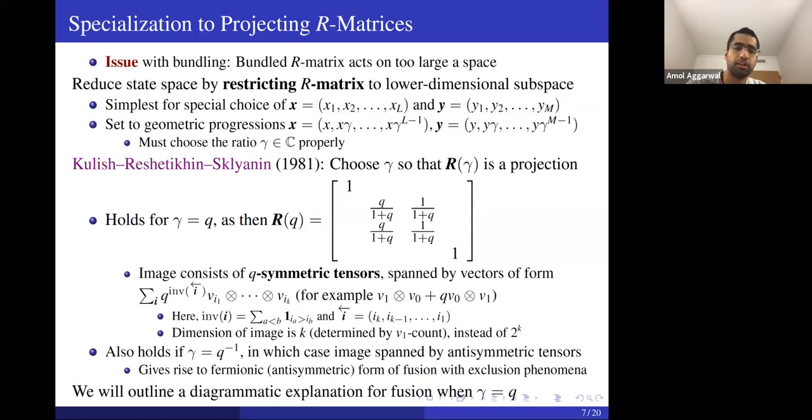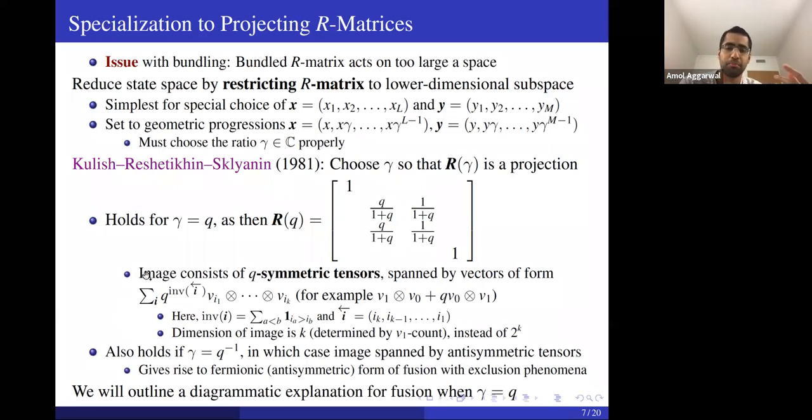Okay, so as you can see, this space of Q-symmetric tensors is of dimension k instead of 2 to the k. If I just know how many v1s are in any Q-symmetric tensor, I pin down the Q-symmetric tensor formula.